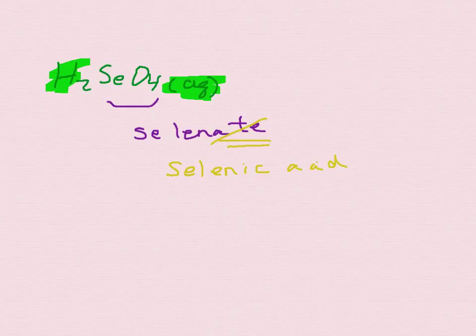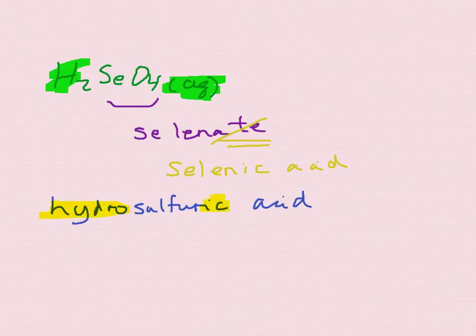Another one. This time we're going to do it by name. Hydrosulfuric acid. So the first thing that I see here is I recognize a hydro prefix in combination with an ic acid means that the acid is made up of an anion that ended in an IDE.